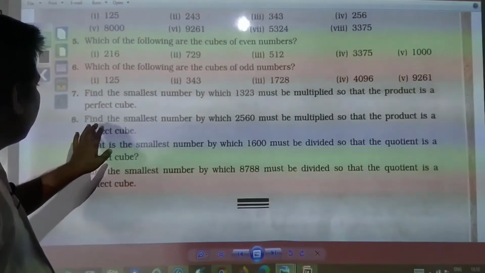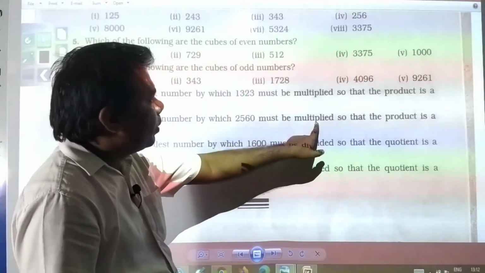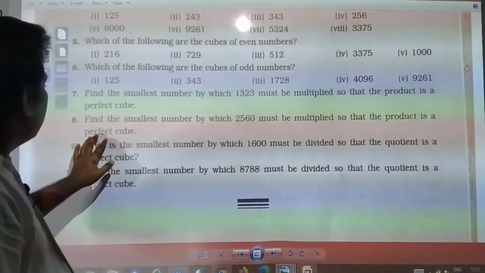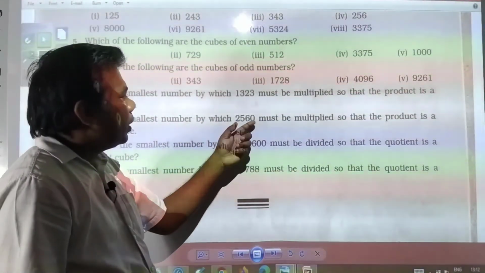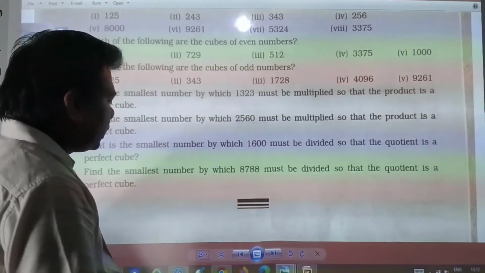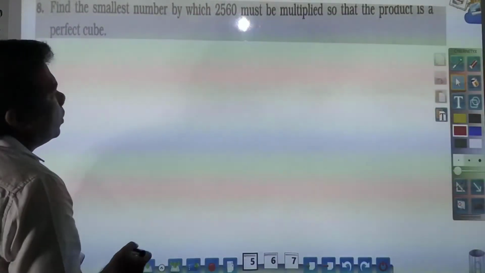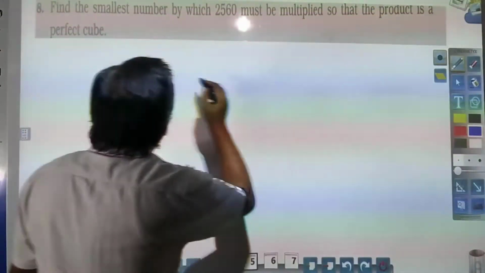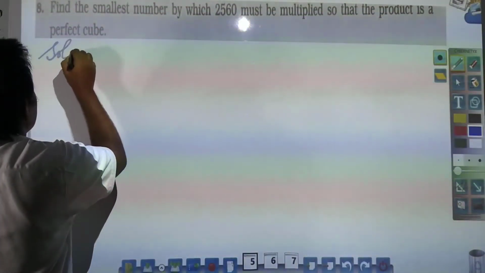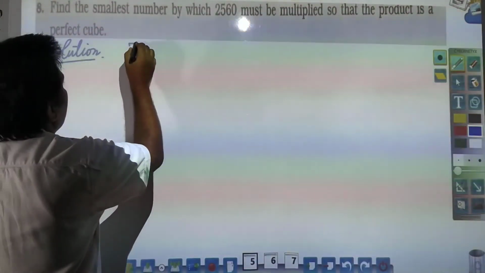Here you have, find the smallest number by which 2560 must be multiplied so that the product is a perfect cube. The same thing is required to be done. We need to find out the prime factors of 2560. What we will write?